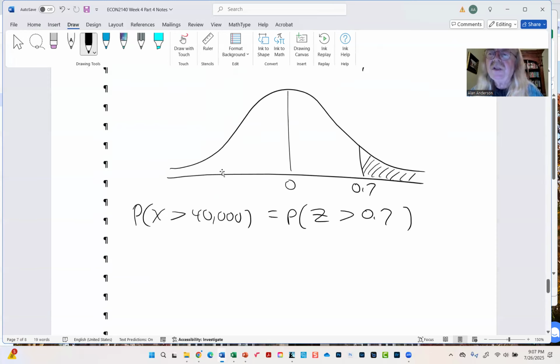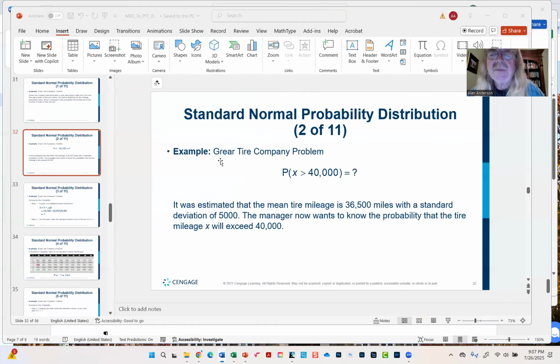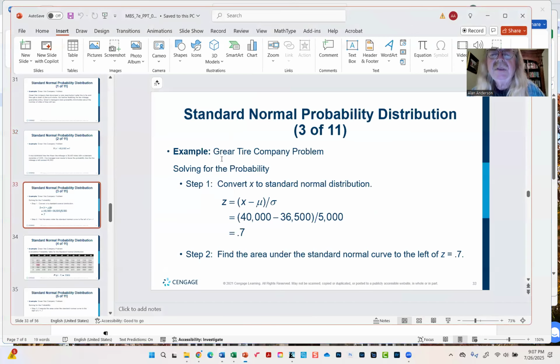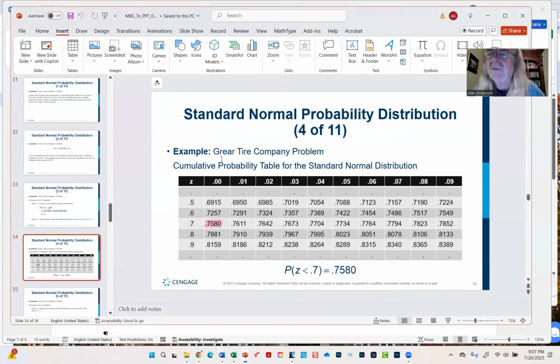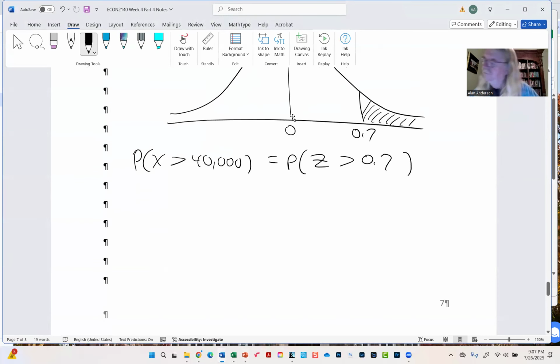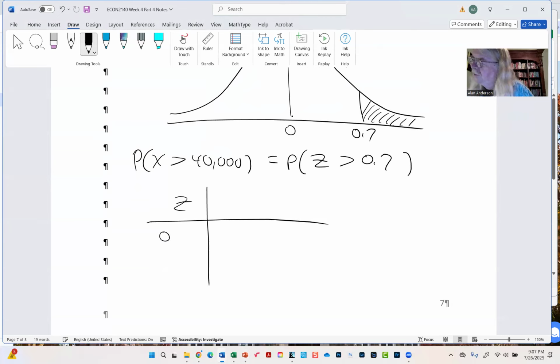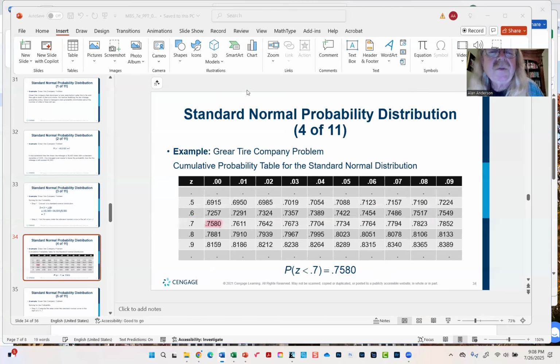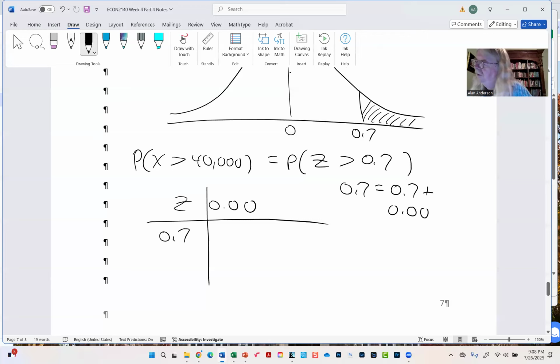Now, if you wanted to, you could do this in Excel. But what they're going to do is show it to you with the table. This table only has less than or equal to probabilities. So what you have to do to find this on the table is look for the intersection of 0.7 and 0.00, and it's right there, 0.7580.